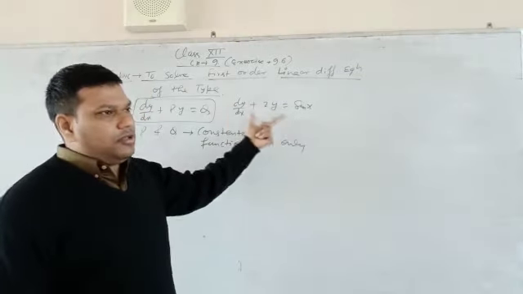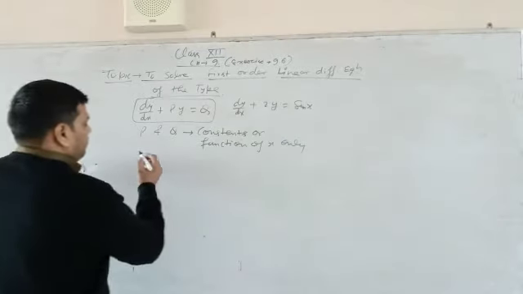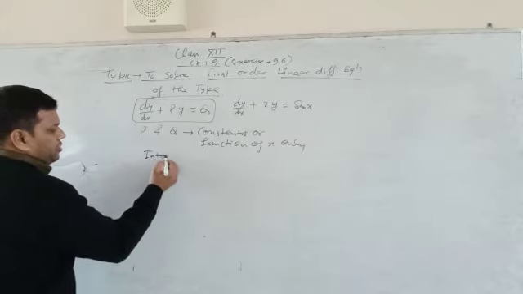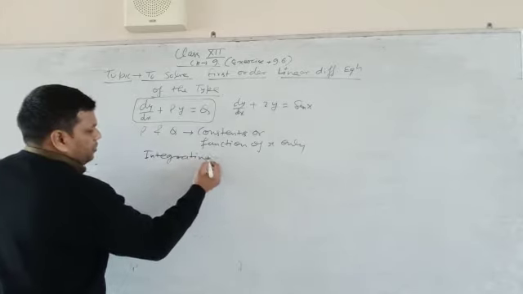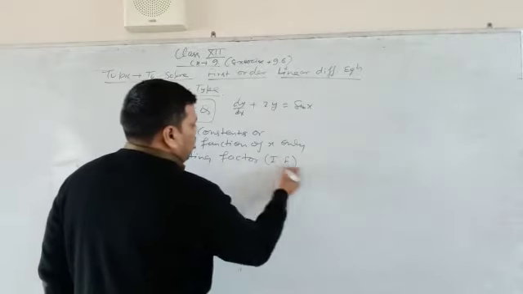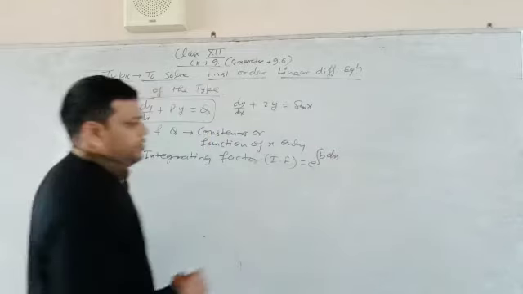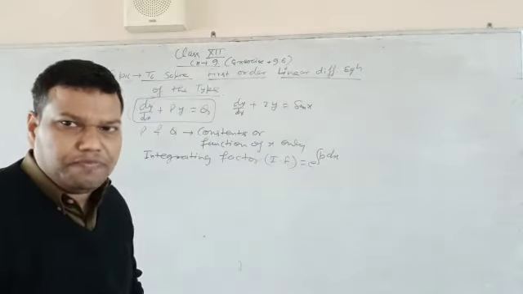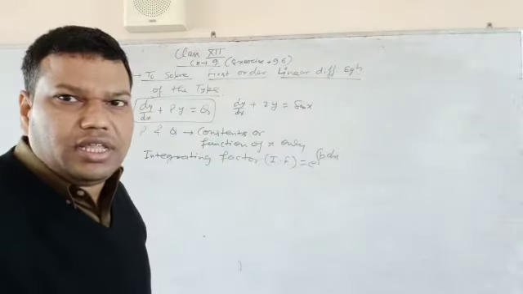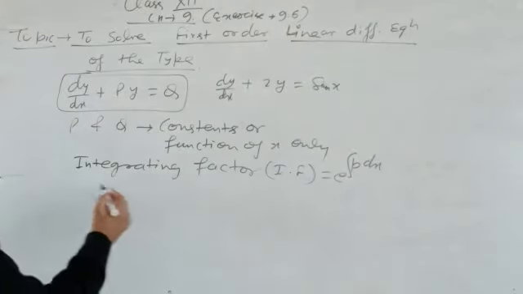Q can also be a function of x. So this type of equation, how are we going to solve it? For that we have a formula, the integrating factor. This is denoted by IF, and we find it as e to the power integration of P dx.